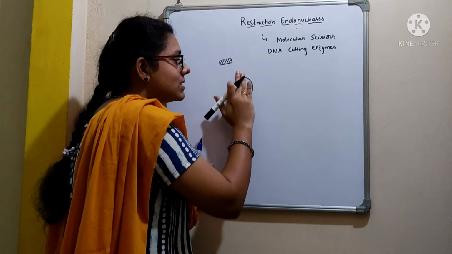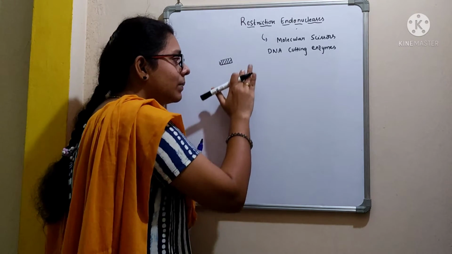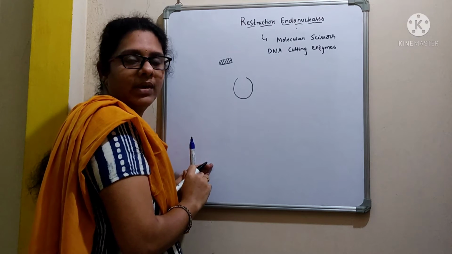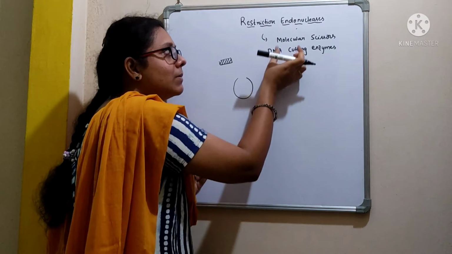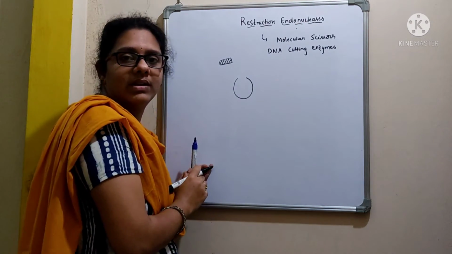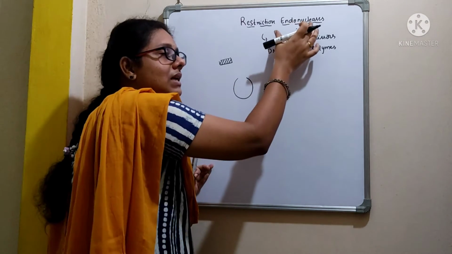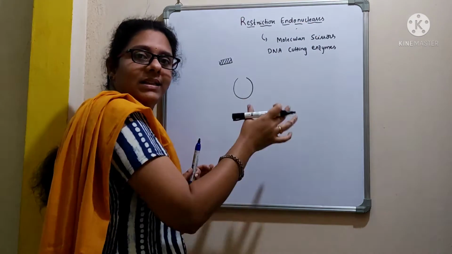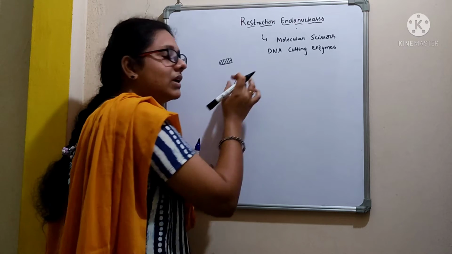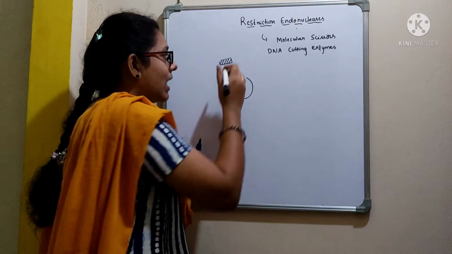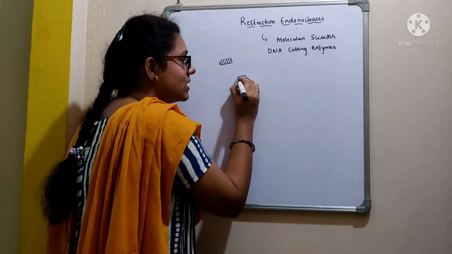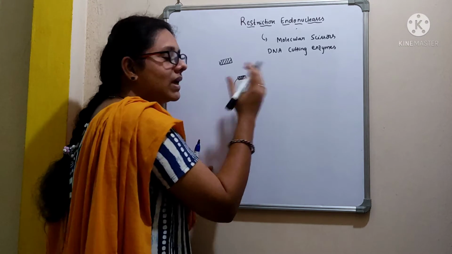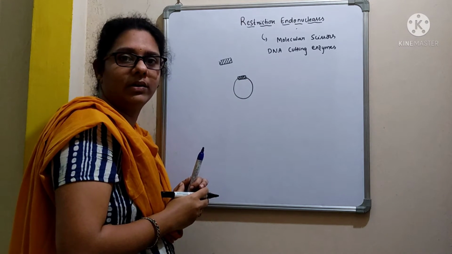So for that reason, we are going to open up this vector with the help of an enzyme called restriction endonucleases, because these are the enzymes which can cut the DNA at a specific nucleotide sequence, and we are going to introduce this gene of interest in order to make a recombinant DNA molecule, right?